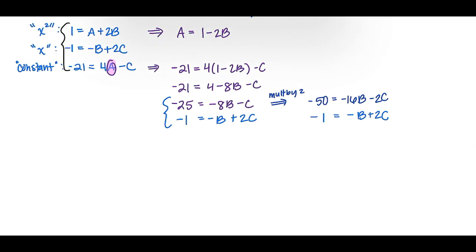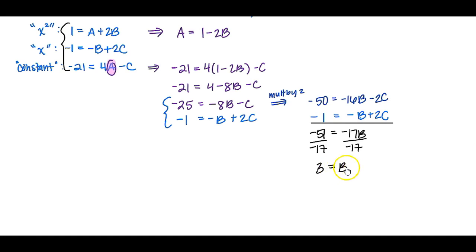Now it looks ugly, but nice stuff's going to happen right now. When I add down, I get -51 equals -17b, and that's it because the -2c and the plus 2c cancel. And -17 goes into -51 3 times. So the value of b is 3.